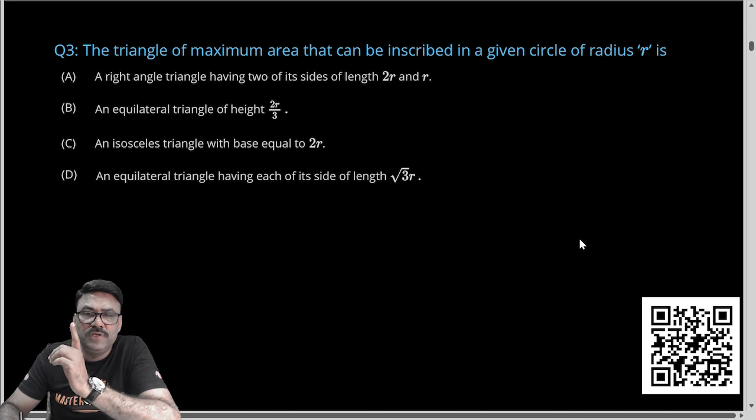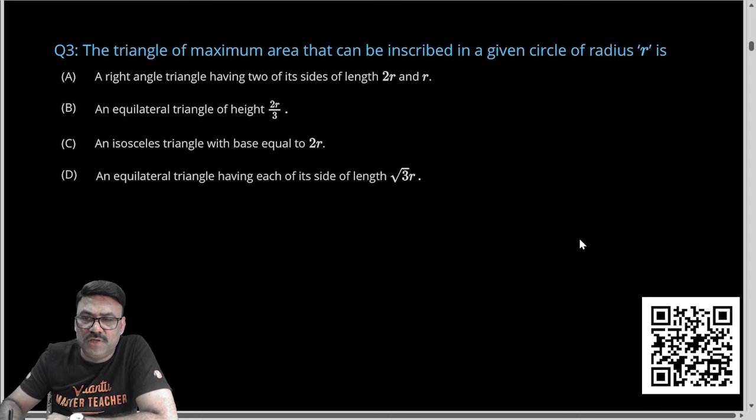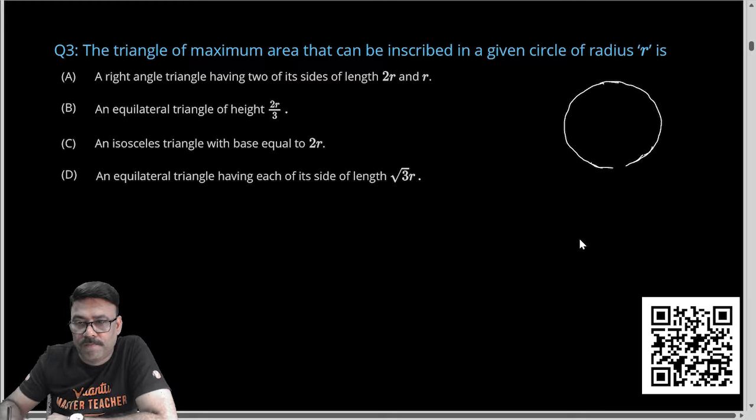So basically you have a circle. Let's say this is the circle. And you are inscribing an equilateral triangle in this circle. For maximum area, the triangle must be equilateral.